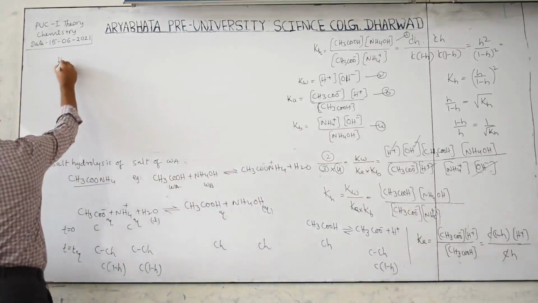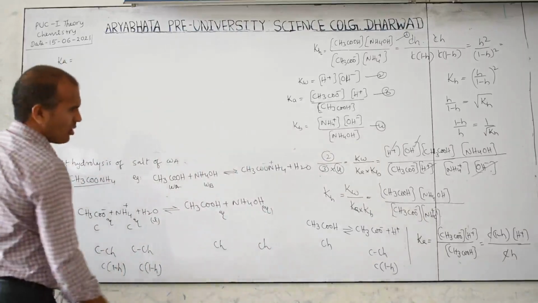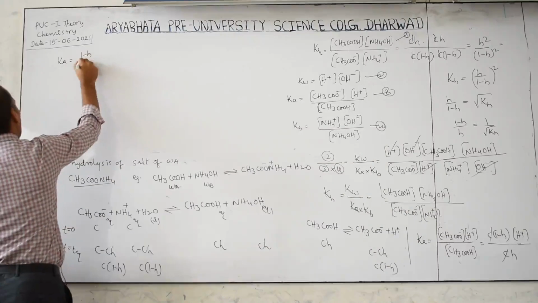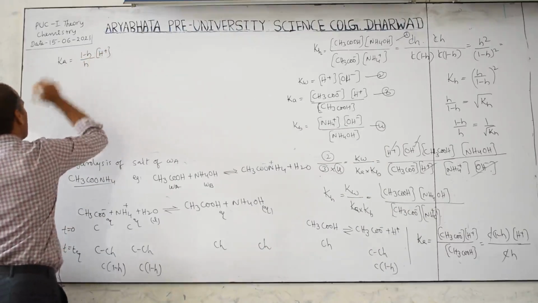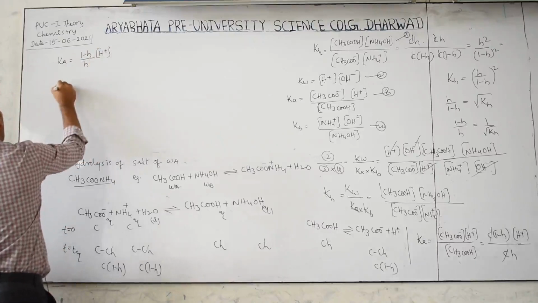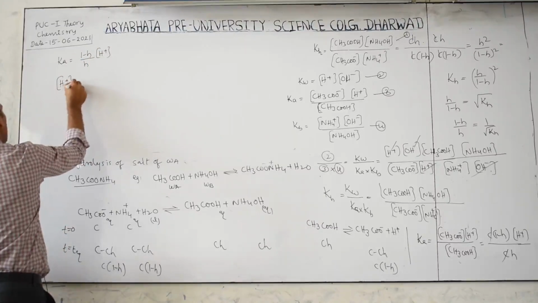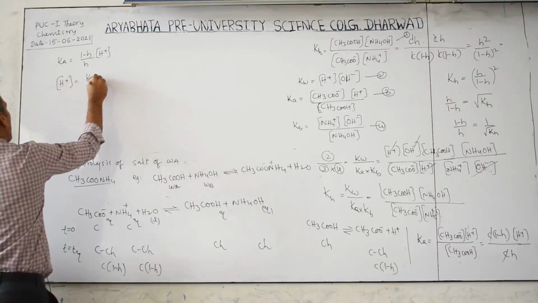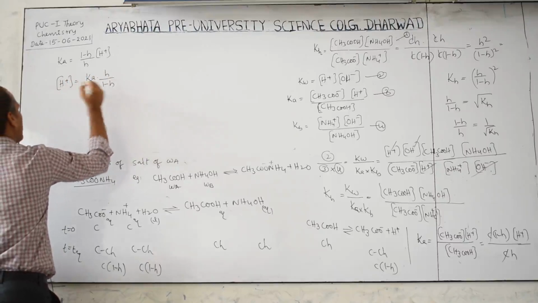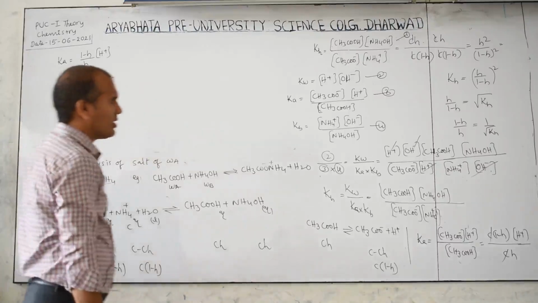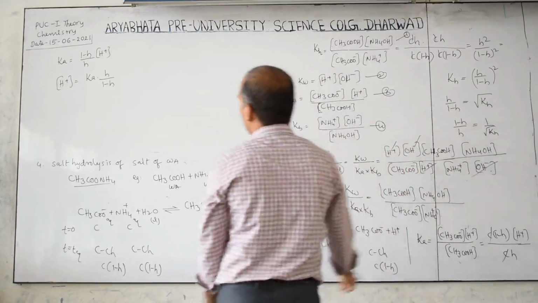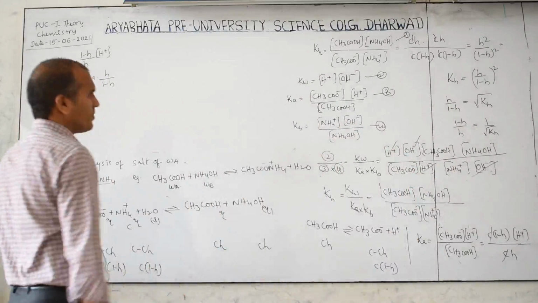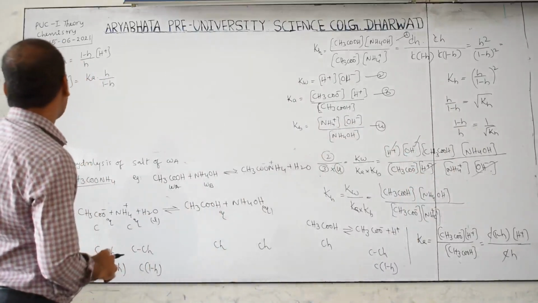Now Ka is equal to 1 minus h by h into the H plus ion concentration. Now the H plus ion concentration is equal to Ka into h by 1 minus h. So this is already there, h by 1 minus h.